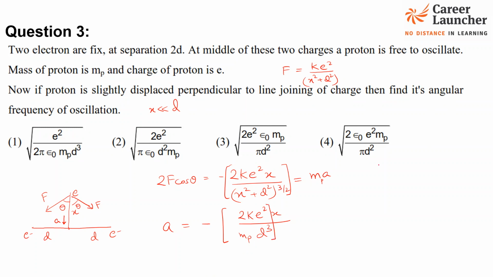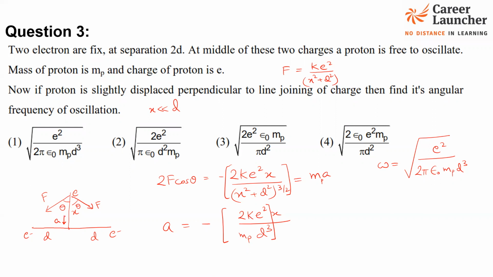So this omega square, that means omega will be equal to under root of, k can be written as 1 by 4 pi epsilon naught. So e square upon 2 pi epsilon naught mp into d cube, right? So that is my angular frequency.